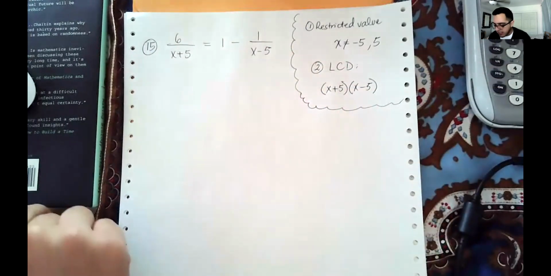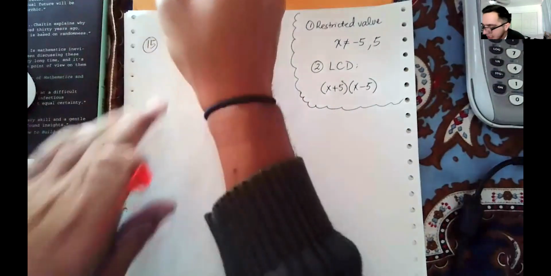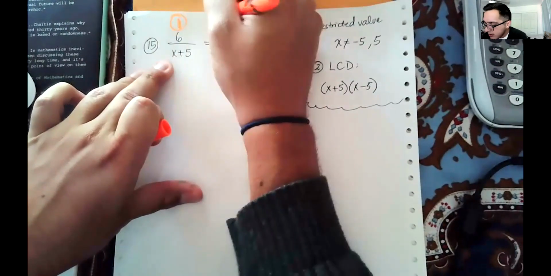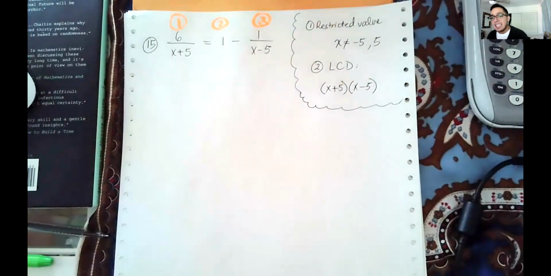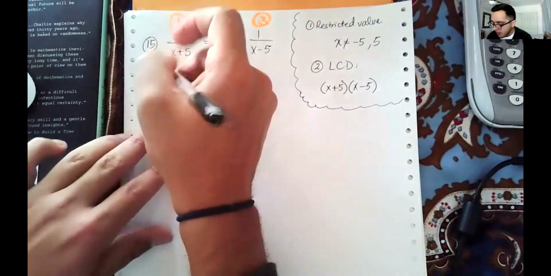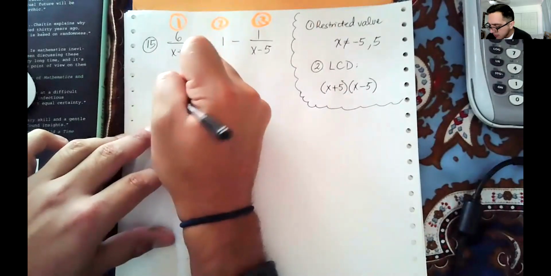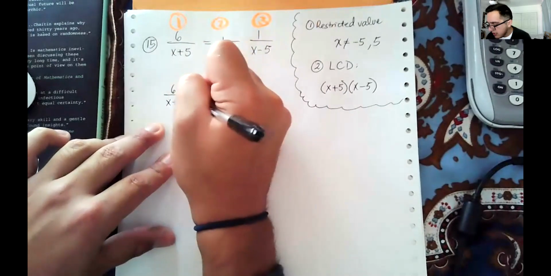Again, I like to visually see that if we number these 1, 2, 3, we have 3 terms. We need to multiply each of those terms by our LCD. So I like to rewrite the problem, giving myself a little bit of breathing room to write these other terms in.